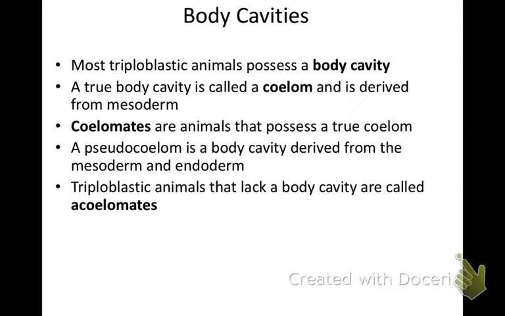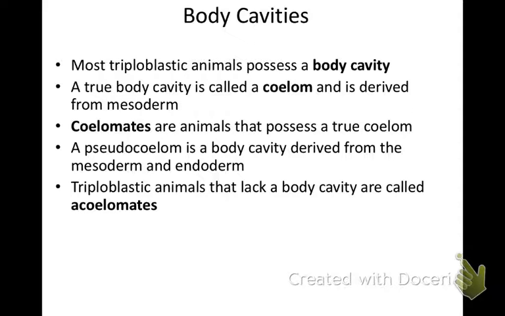This just means that the coelom is fully lined by mesodermal tissue. In organisms with a pseudocoelom, the tissues that line the coelom and the internal organs are from both mesodermal and endodermal origin. And then some animals that lack a continuous body cavity are called acoelomates.